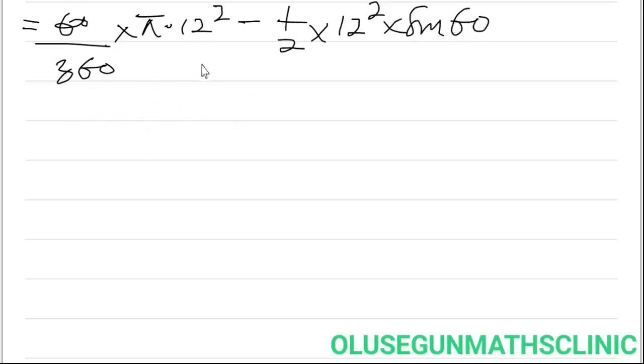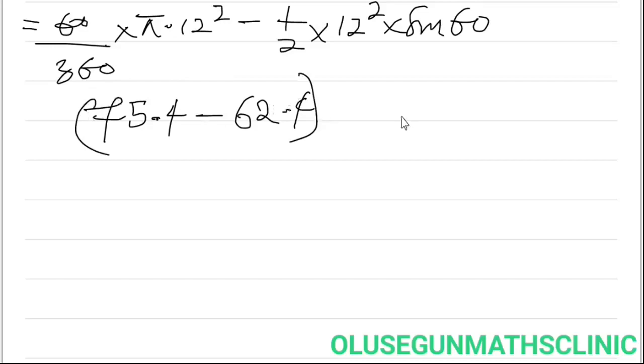By the time you press all this, it gives us 75.4 minus 62.4, in square centimeters. When you subtract, we have 13.0 square centimeters, which is 3 significant figures.